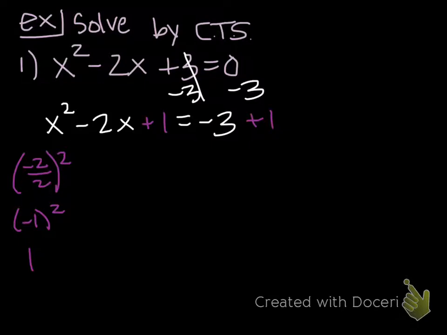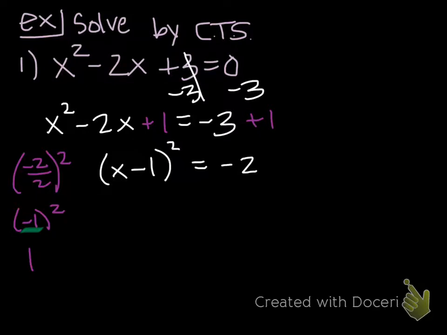Now that I found that +1 on the left side, I can factor the trinomial. The two numbers that multiply to be 1 and add to be -2 would be -1, which is always your half value. So the left side factors to be x minus 1, the quantity squared. The right side, I'm going to add those two numbers. -3 plus 1 is -2.